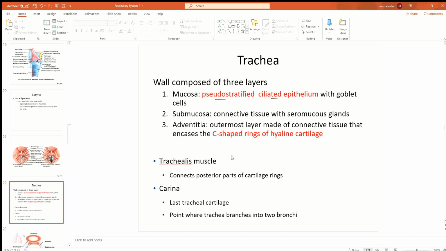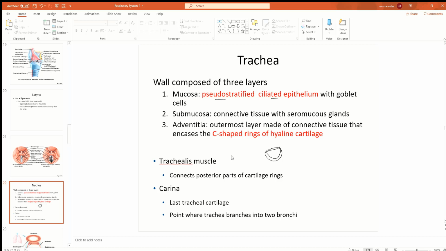Okay, and in the wall of the trachea, if you make a cross section, you'll see 3 layers in the wall. You remember in the back you have the smooth muscle, trachealis muscle, and in the front you have C-shaped cartilage, right? So this is tracheal cartilage. This muscle is called trachealis muscle. Okay, trachealis muscle.